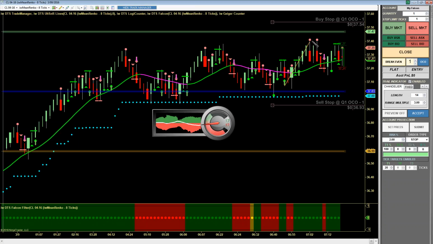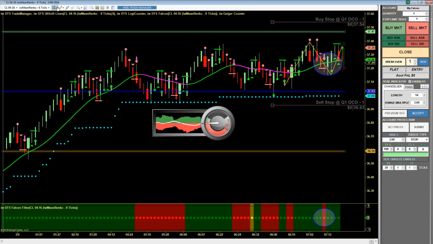Then we get the sellers trying to fight it back. And now we get the buyers coming back and confirming the signal. It also happened to be a late filter entry signal, which is another high probability signal. The late filter entry signal occurs when the filter goes out of sync and comes back into sync, but the trend line never changes color.